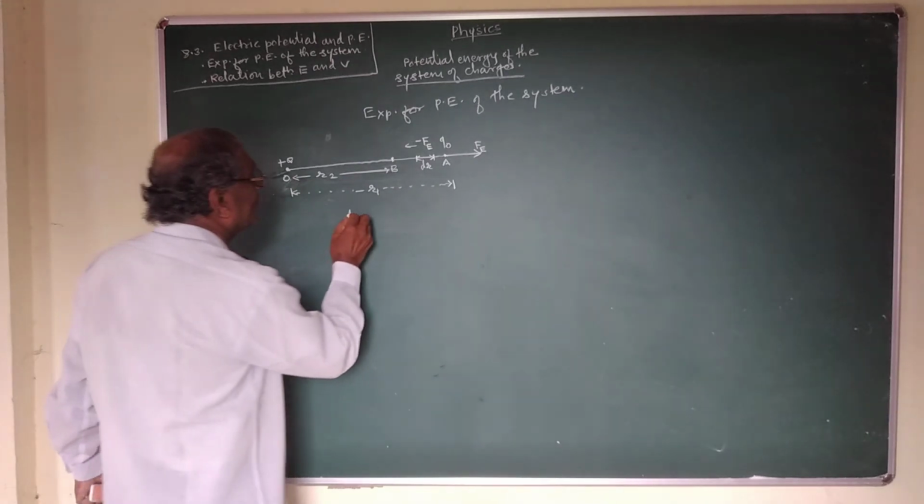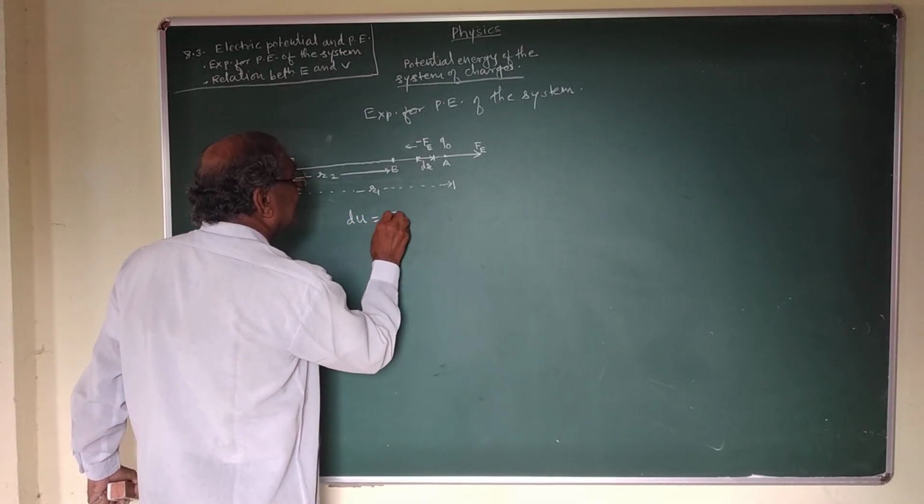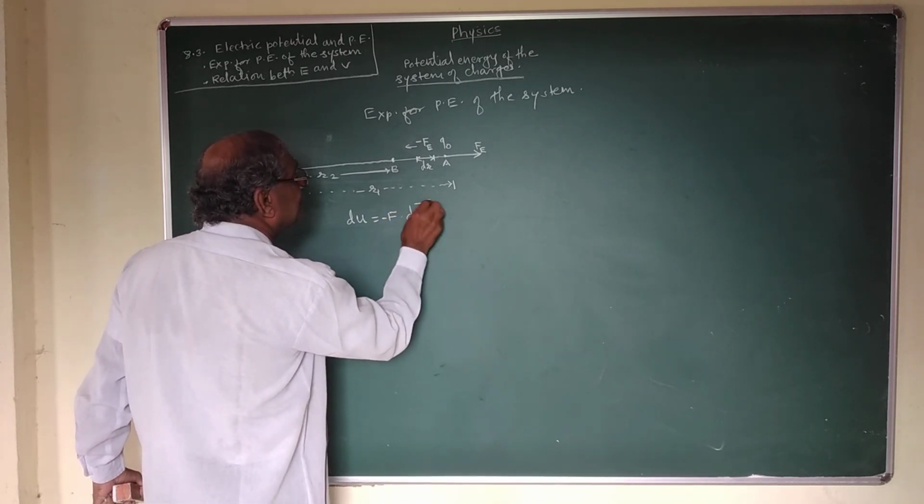That is, dU is equal to minus F into dr.